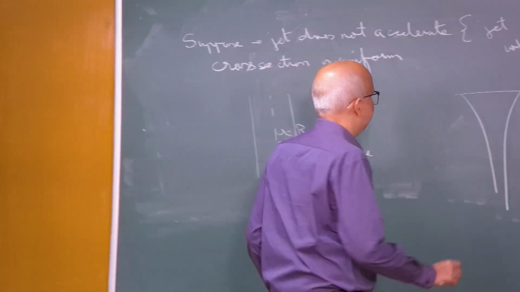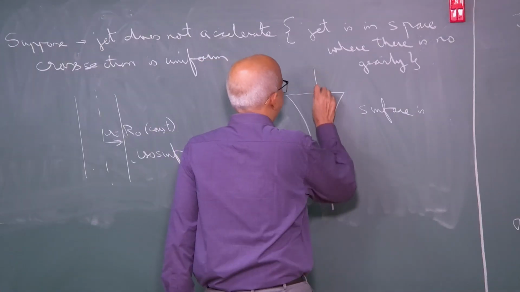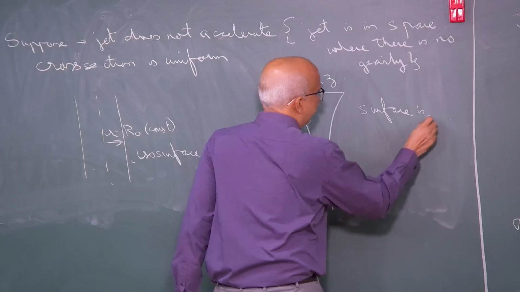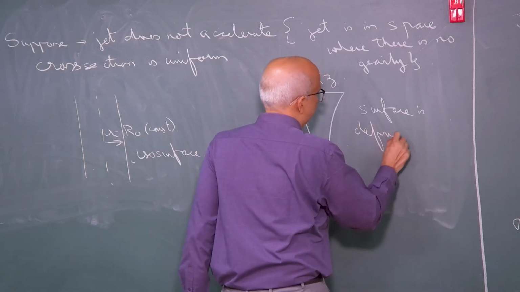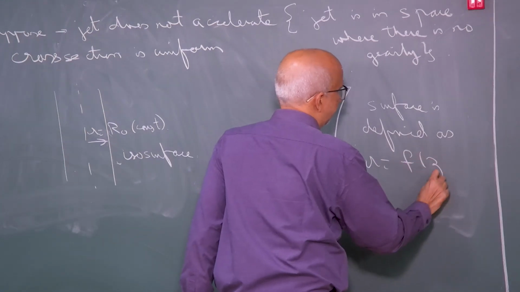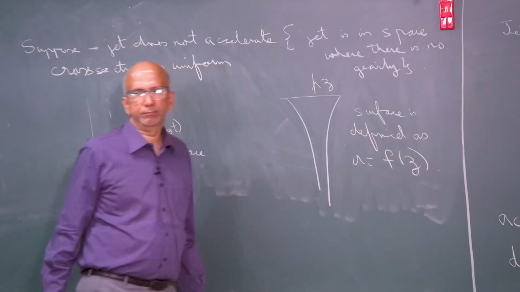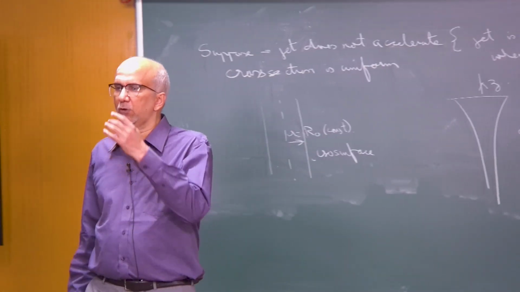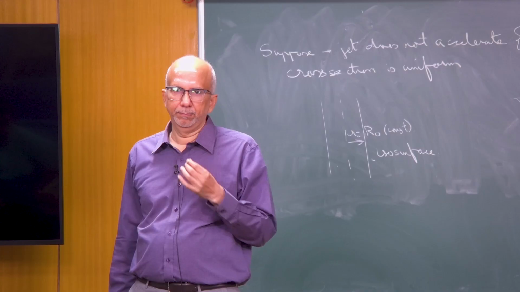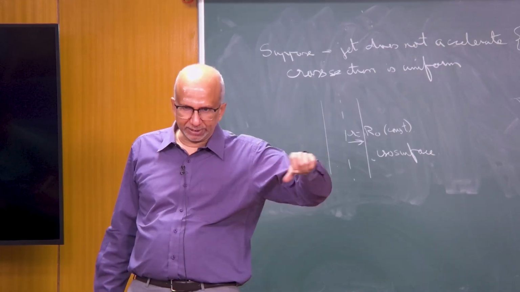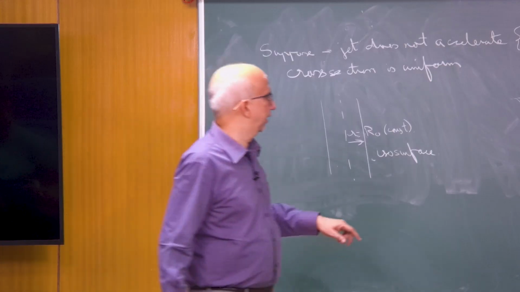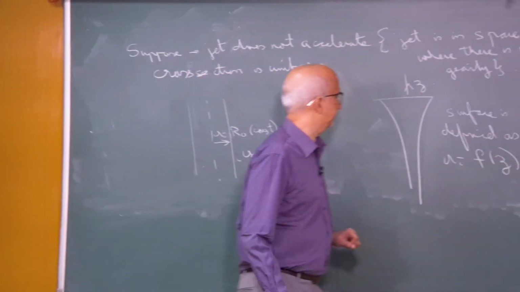So, let us say z is measured downwards, and the surface is defined as r equals f of z. So it is not a constant surface anymore, because at every z the location of the surface is different.